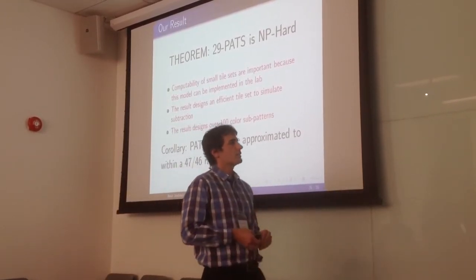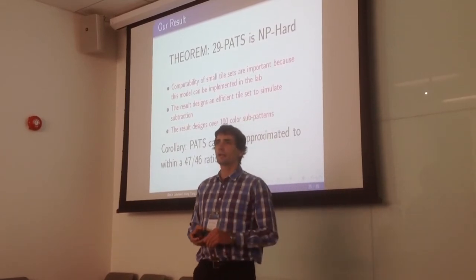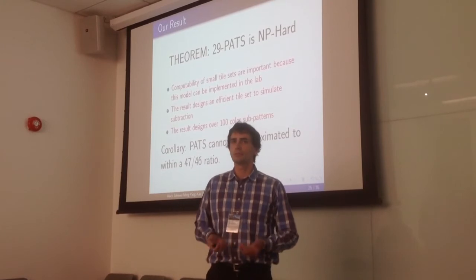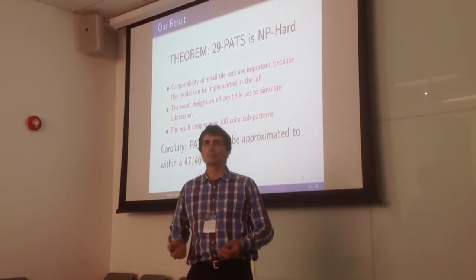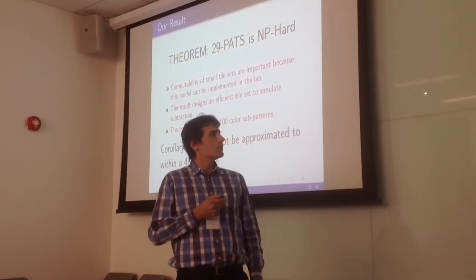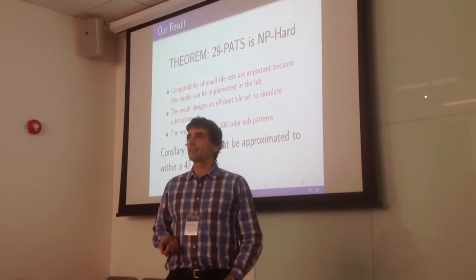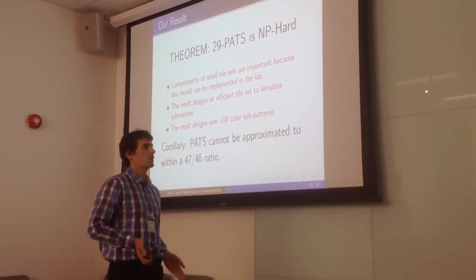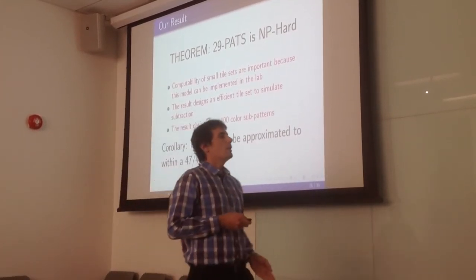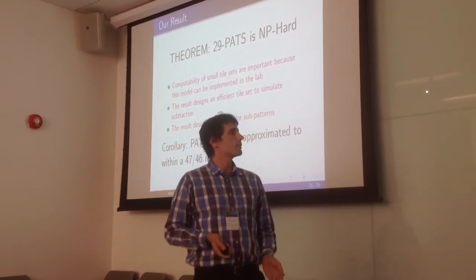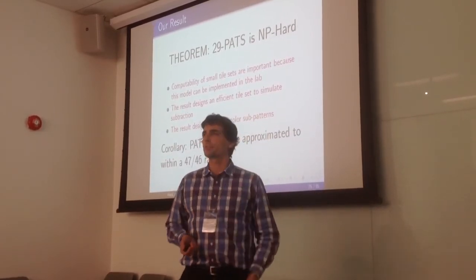And so why is this result interesting? Well, first of all, I want to come back to the motivation, which is that we can actually do these computations, these self-assemblies, in the lab. So not only is this a first step towards determining small tile sets for certain circuits, but also as we build up the proof, there's an efficient tile set to simulate subtraction that comes out of this.